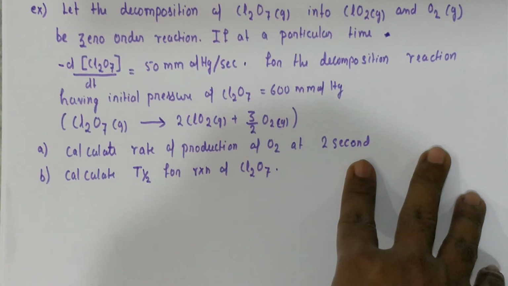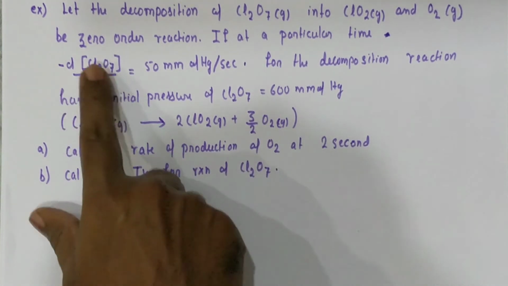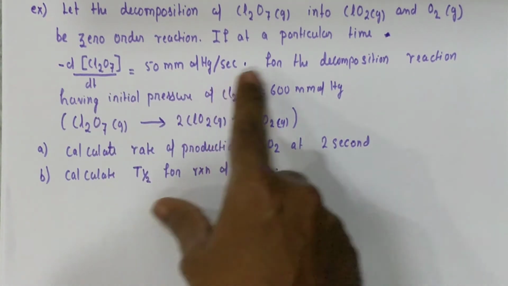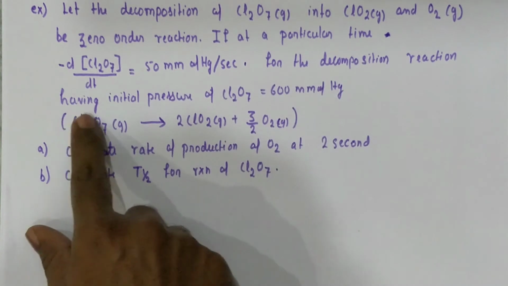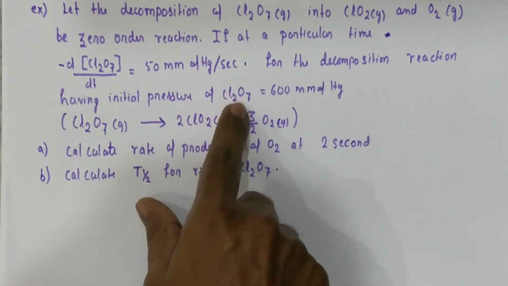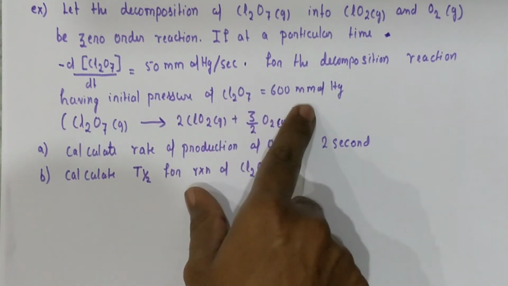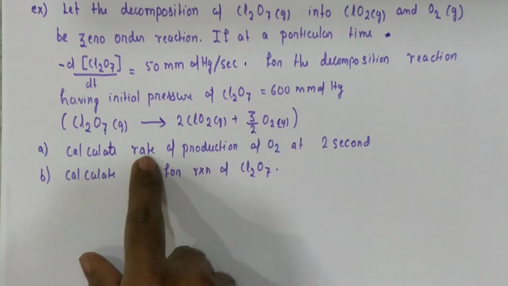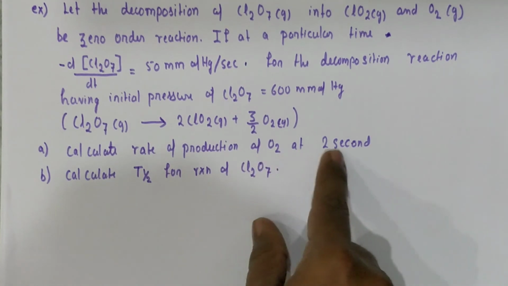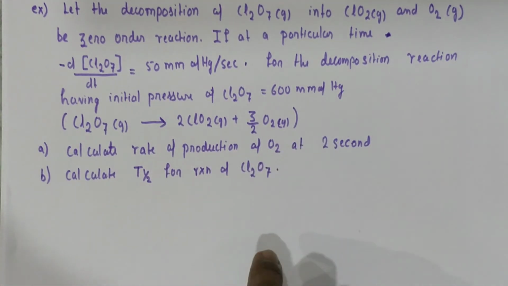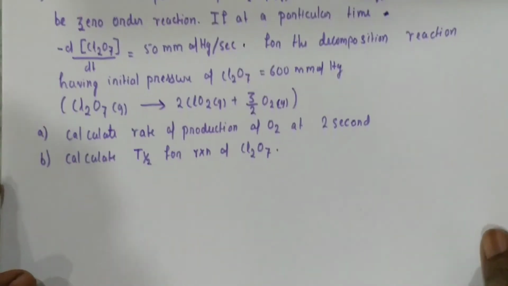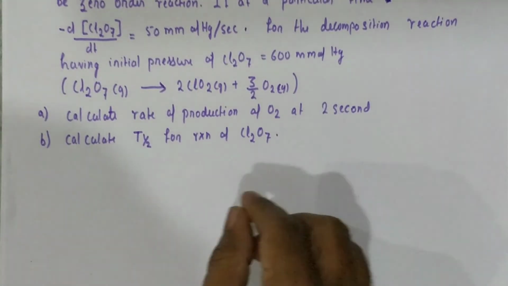If at a particular time the minus d[Cl2O7] upon dt equal to 50 mm of Hg per second for the decomposition reaction having initial pressure of Cl2O7 600 mm of Hg. Reaction is given and we have to calculate the rate of production of O2 at t equal to 2 seconds. So that is the question we have to solve.